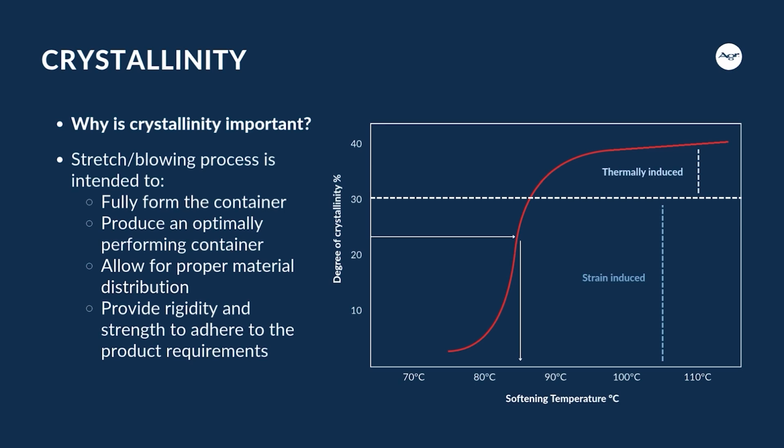Above the dotted line at 30% crystallinity, you're seeing additional crystallinity, and that's thermally induced. It's called spherulitically induced. As we retain more heat in the PET, little nuclei within the PET will start growing this crystalline structure, which gives us the added strength for a heat set container where you're doing hot fill.